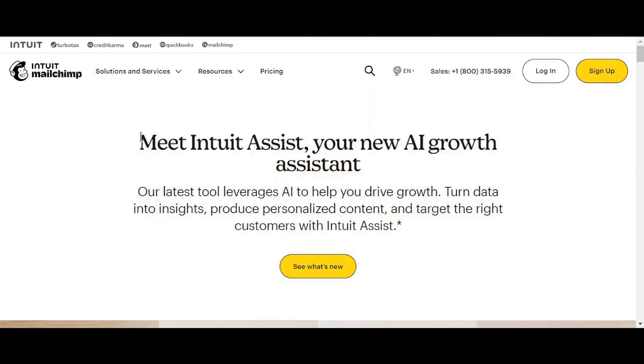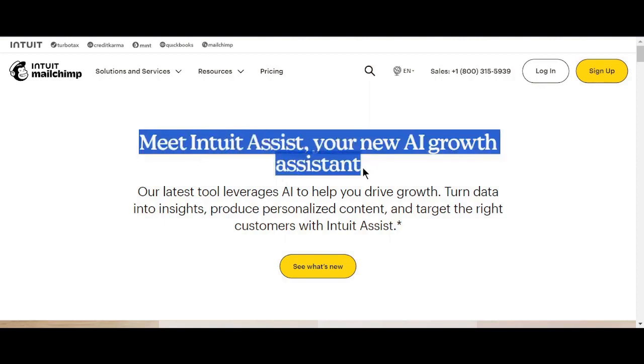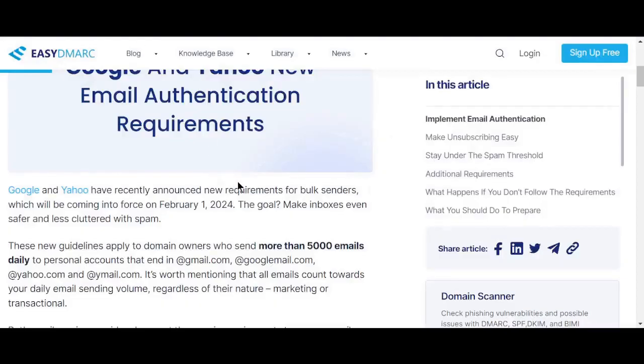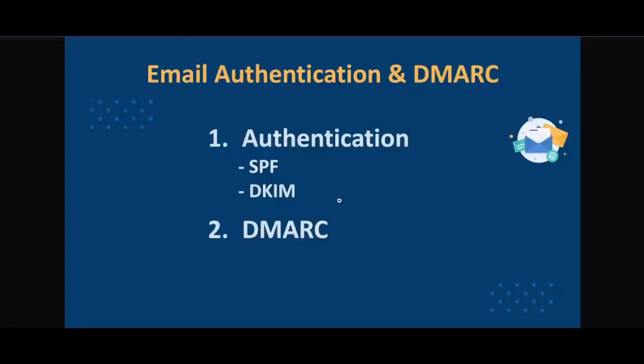So if you have a reject policy, anytime you set up something new, you may want to relax your policy again until you can make sure they're authenticated, or keep an eye closely on your DMARC reports after you set it up so that you can make sure your own emails are not bouncing or going to spam as well. So I think that's the basic run through of the authentication and DMARC systems.